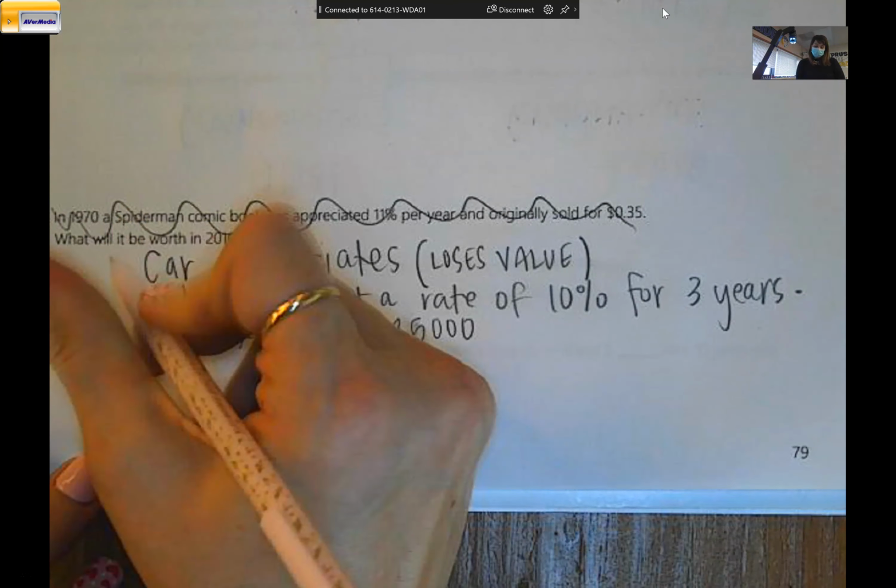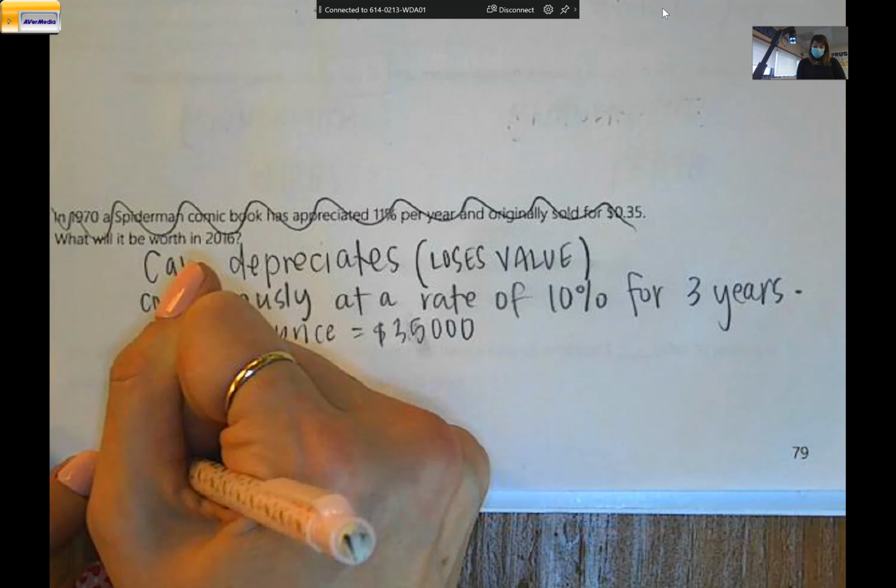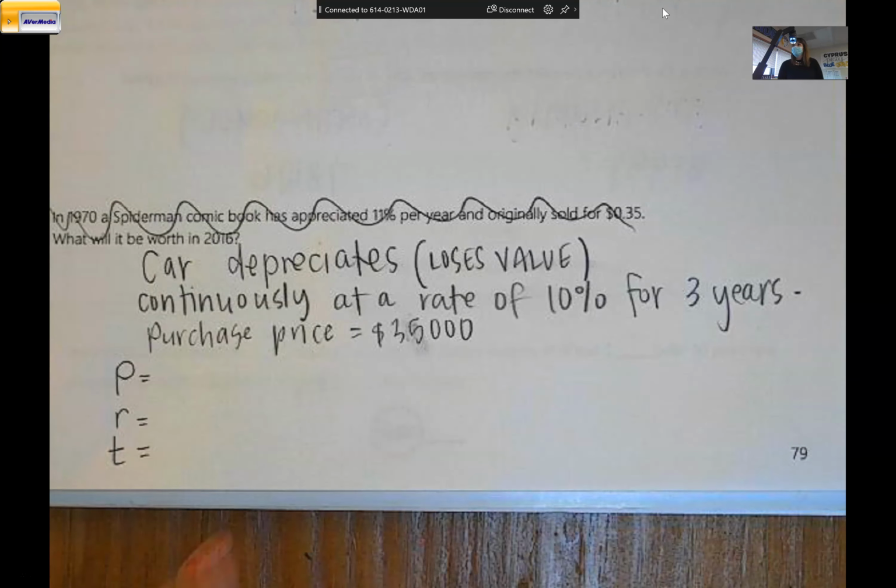So all you need to identify is P, R, and T. So take a minute, see if you can identify your starting amount, the rate that you lose value, and the time for which you're losing that value.